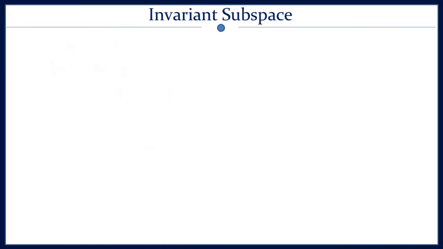Now, in order to understand the concept of reducible representation, we must know what is an invariant subspace. This is a part of linear algebra which we are not covering in this lecture series, but I will give you a brief introduction here, a kind of definition.